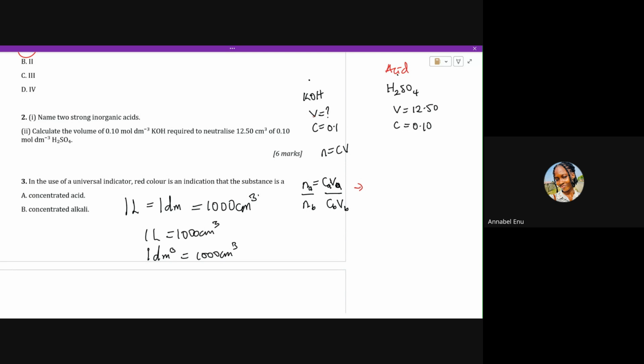I hope everybody is following me. So n acid is equal to C times V of the same acid. So the number of moles of acid will now be equal to 12.50 times 0.1, which is equal to, let me use my calculator.